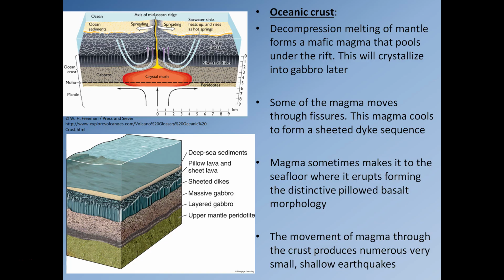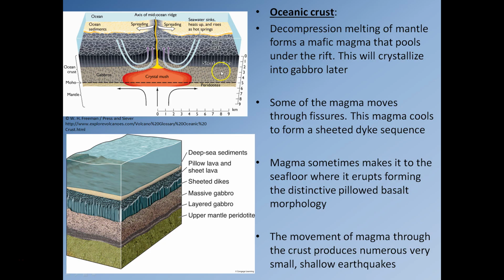So as it pushes the rocks apart, it creates a path, a fracture, along which the magma can rise. As the magma rises through that fracture, it cools and eventually solidifies, filling that fracture up. And every time it does that, it produces a dike, a vertical sheet of cooled magma. And so, directly above the gabbro, you have what's referred to as the sheeted dike complex.